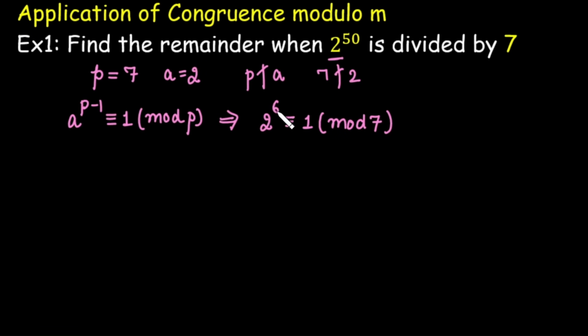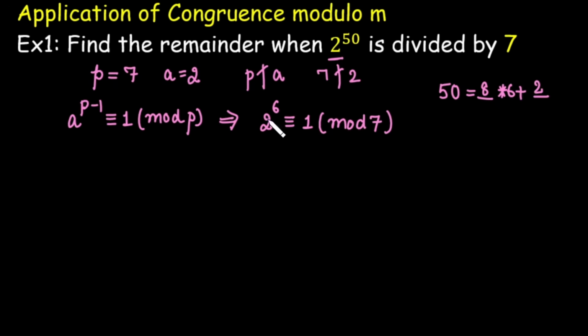Now we have 2 raised to the power 6 in this case, but we need 2 raised to the power 50. In the next step, divide 50 by 6 and find the quotient as well as the remainder. The quotient is 8 and the remainder is 2, because 6 into 8 is 48 plus 2, that is 50.